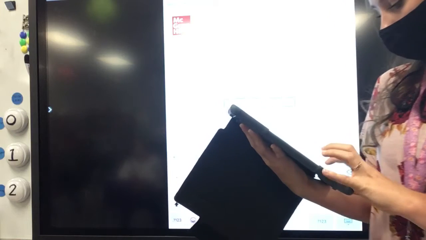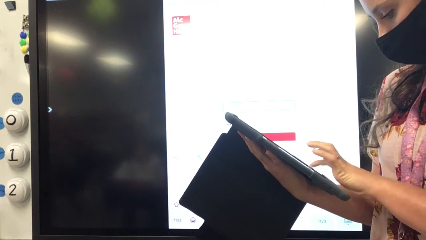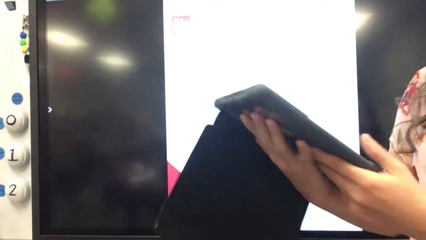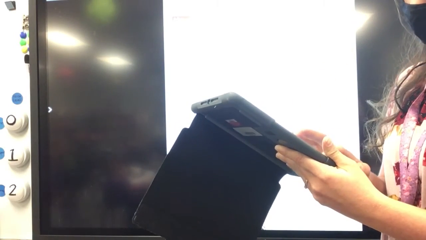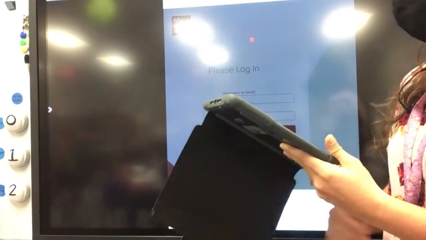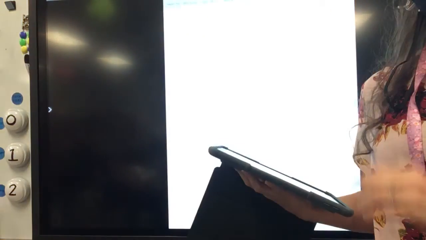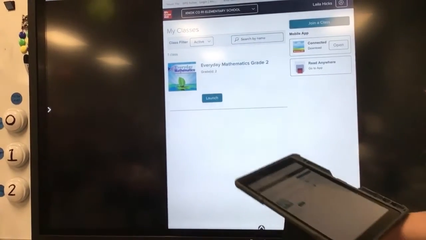Oh, that was Mrs. May's fault. So they're both 31? This time, it's different than iReady. On this one, it's Eagles 31, and Mrs. May typed 1. So it's Eagles 31. Okay, so it's different than iReady.